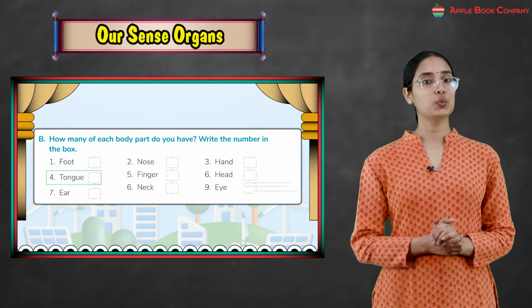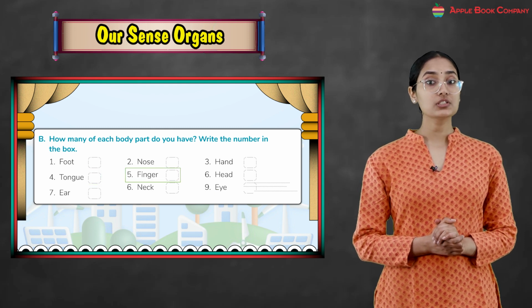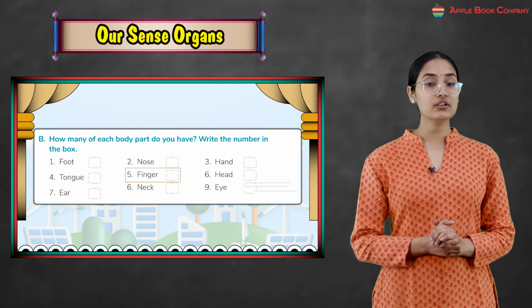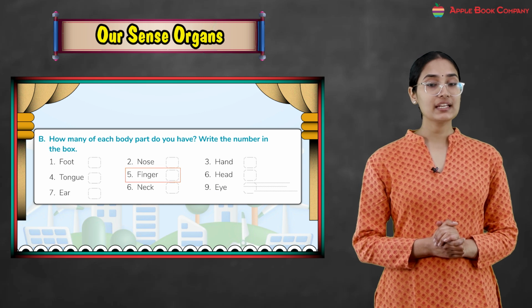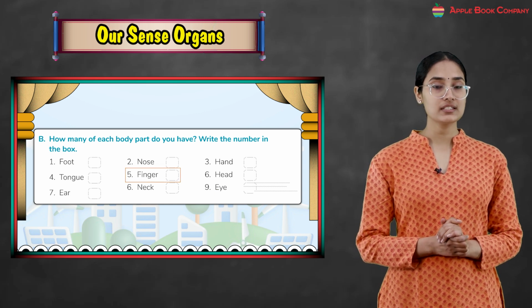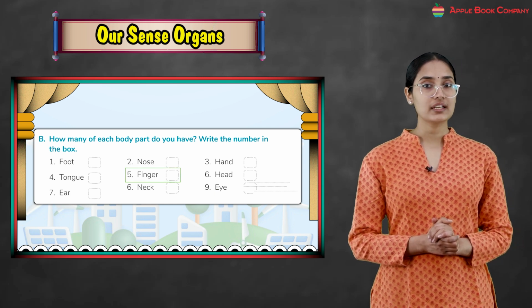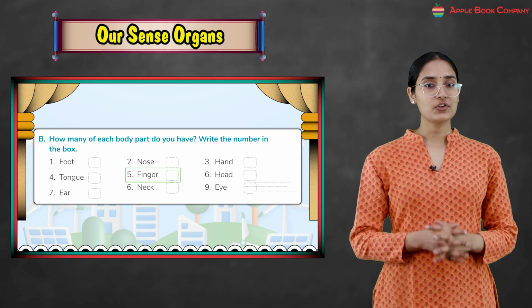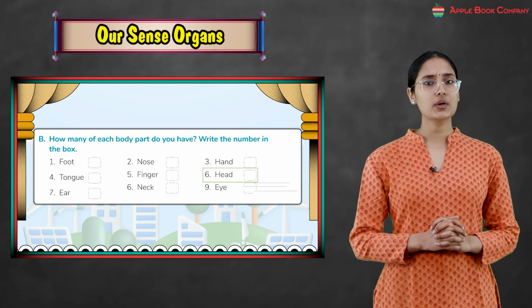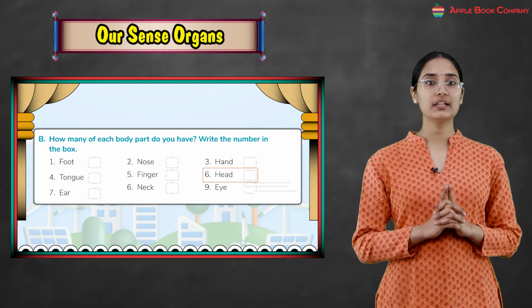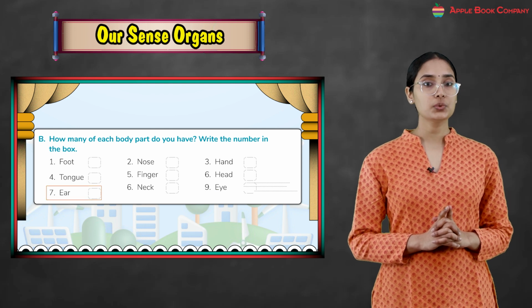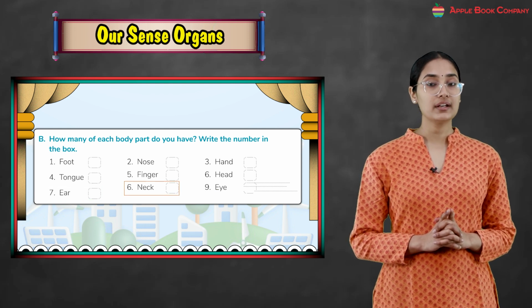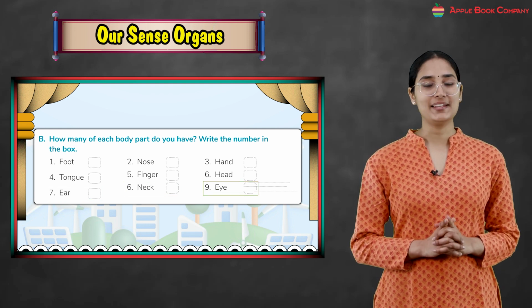We have only 1 tongue. What about the fingers? We have how many? 8 fingers in our hands and 8 fingers in our foot, right? Now what about head? We have 1 head. We have 2 ears. We have 1 neck and 2 eyes.